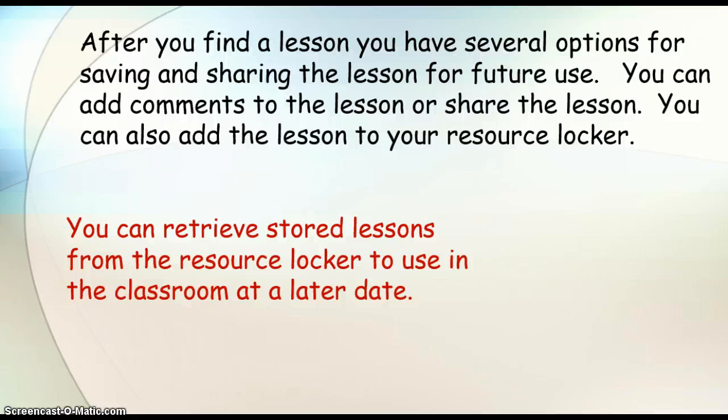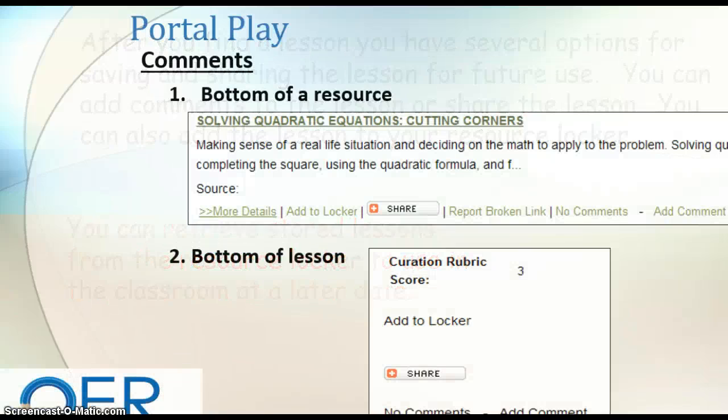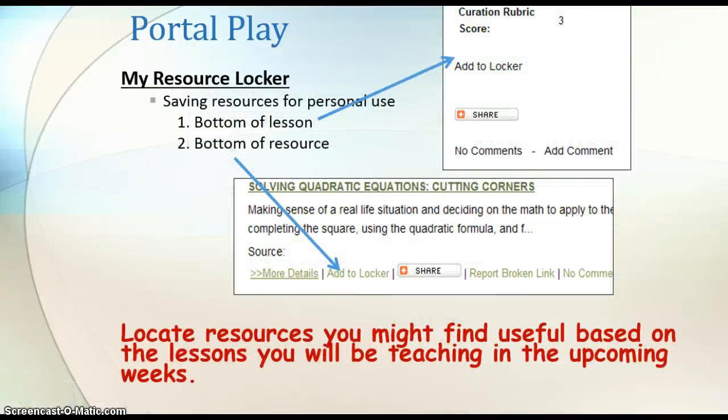After you find a lesson, you have several options for saving and sharing the lesson for future use. You can also add comments to the lesson or share the lesson, and you can retrieve your stored lessons from the resource locker to use at a later date. This shows you an enlargement of the screen where you would add to locker, view the comments, and so forth.